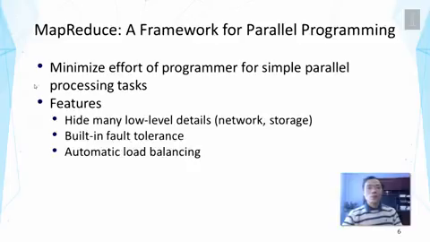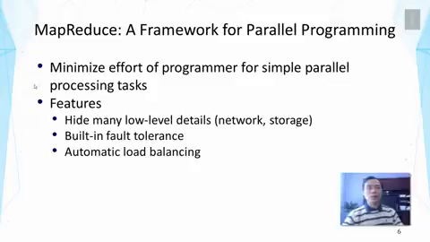On top of the Google File System, Google also proposed MapReduce as a general framework for parallel programming. Now, this is very useful to support a task like building an inverted index. This framework is hiding a lot of low-level features from the programmer.